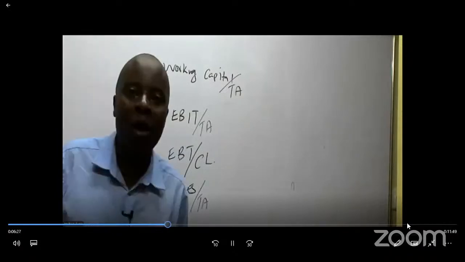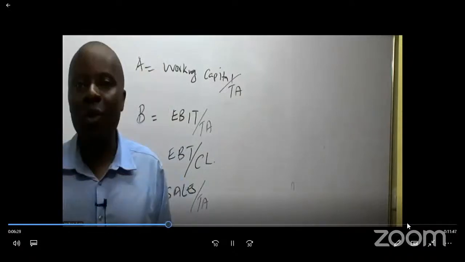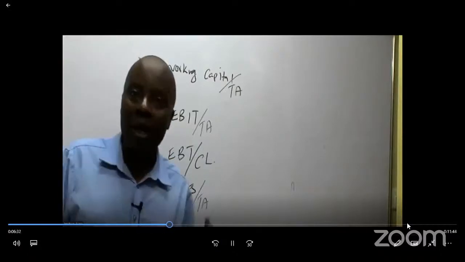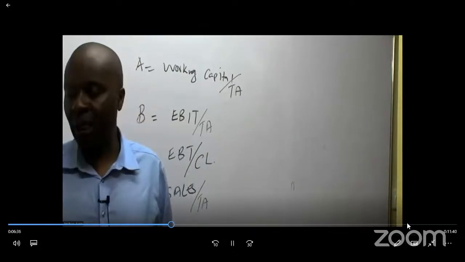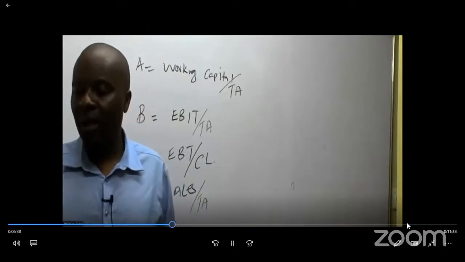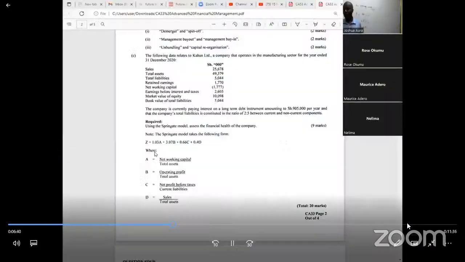A good student knows that working capital equals current assets minus current liabilities. In this particular exam, this examiner was a lenient examiner. In this case, you can see they gave us the working capital as 1777.